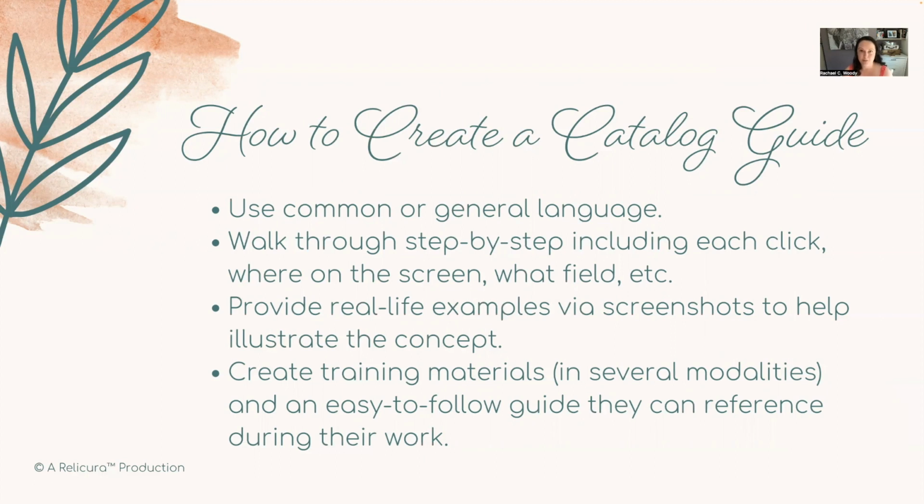Also, we need to make sure we break this down into a step-by-step process. So especially when we're including and using a CMS, we want to break it down to each click. So each point at which you would click a button or click into a menu or select something from a drop-down, we need to know where you're going on the screen and what you are doing. As you go through that, provide real life examples, so actual items in your CMS that have been cataloged, and take screenshots to help illustrate each concept.